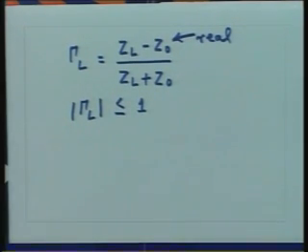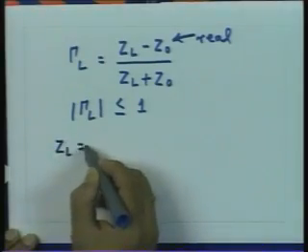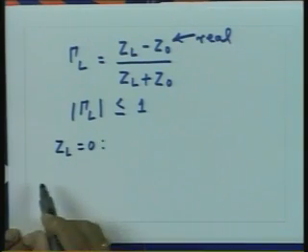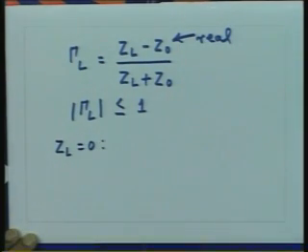So, if I want to see very specific load impedances for which the mod gamma L equal to 1 condition will be satisfied, there will be 3 cases. Case 1 will be when ZL is equal to 0, that means the line is short circuited at the load end.